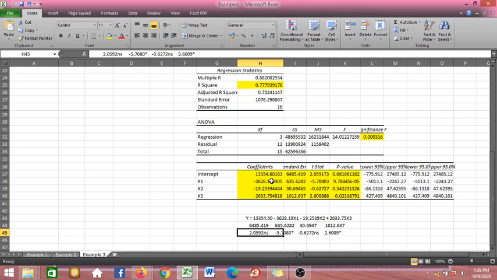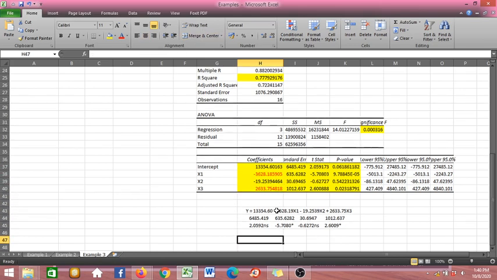So this x1 and x3. Okay. So, that's all we can interpret. And then R-square is equal to 77.80%. It is significant. Okay.